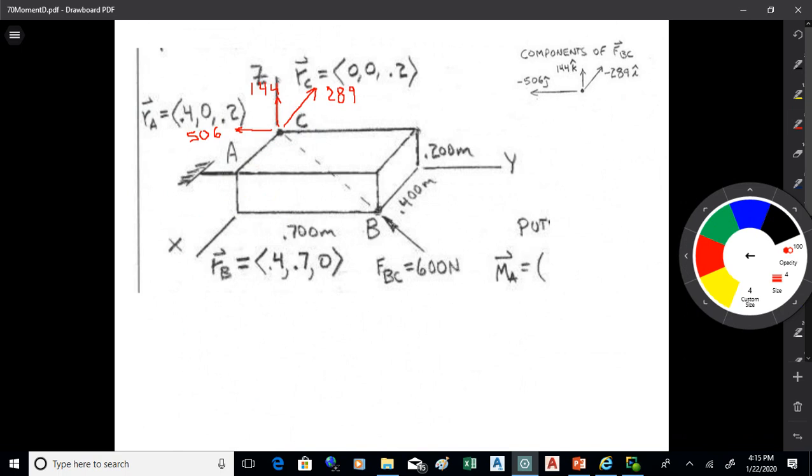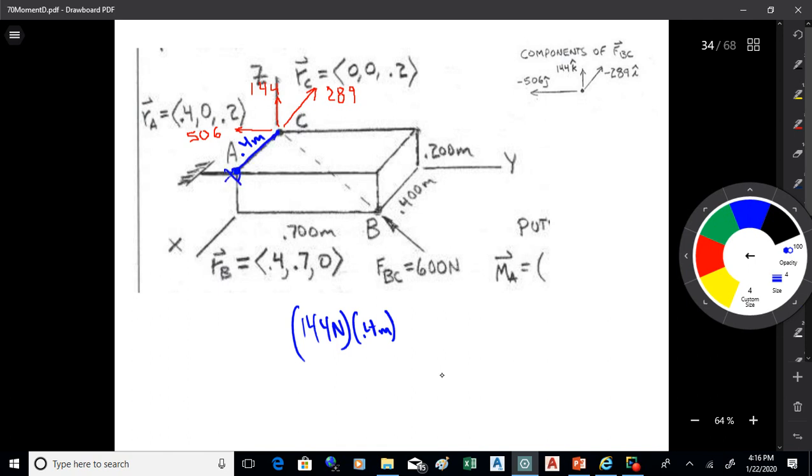For starters, what's the moment arm for the 144 Newton force from there to A? Yeah, 0.4. Now, if I take a rod and I start at A and connect it to C, how will that rod spin if I apply the 144 to it?